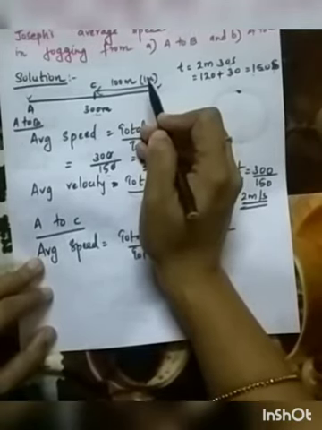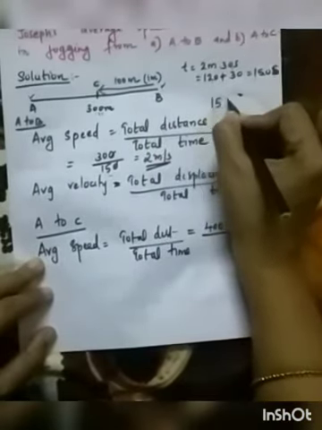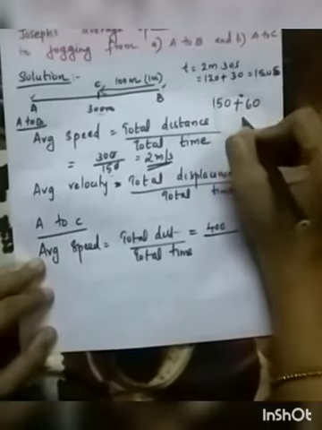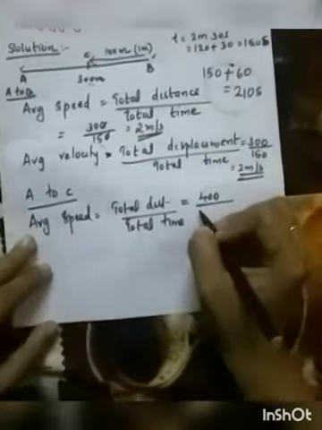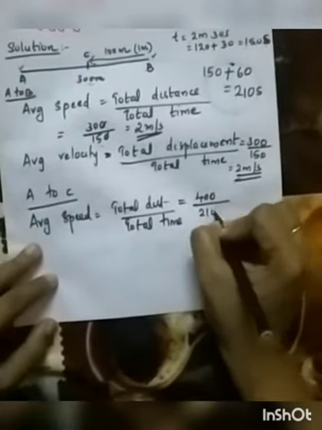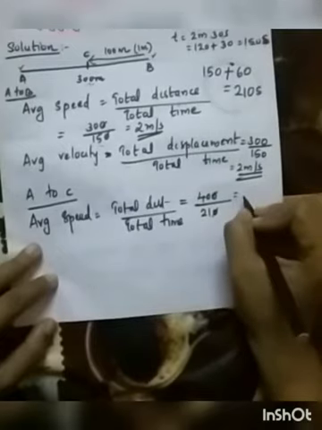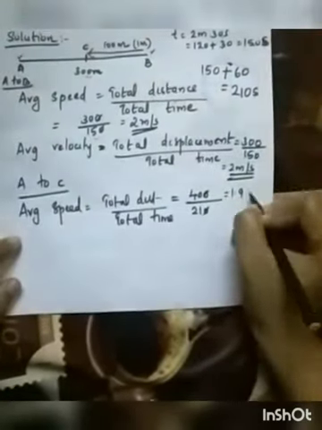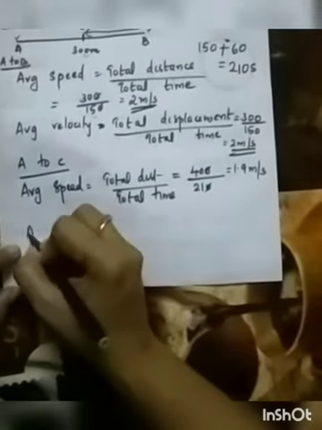So what is the total time taken here? 150 plus 60 is 210 seconds. So here the total time taken is 210. Now just simplify. You will get 1.9 meter per second.